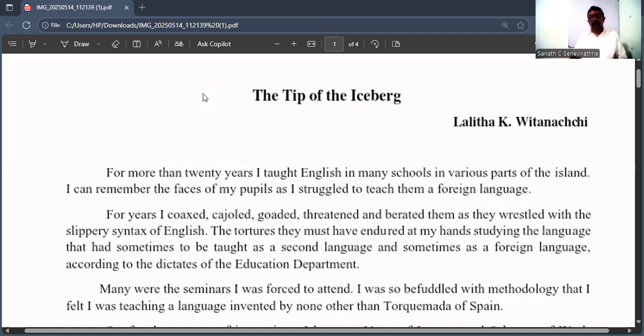Here, when the teacher says, as I struggled to teach them a foreign language, there is an idea that teaching English was a difficult task to her.